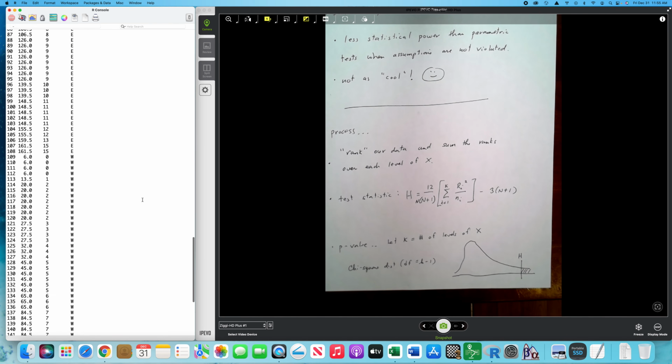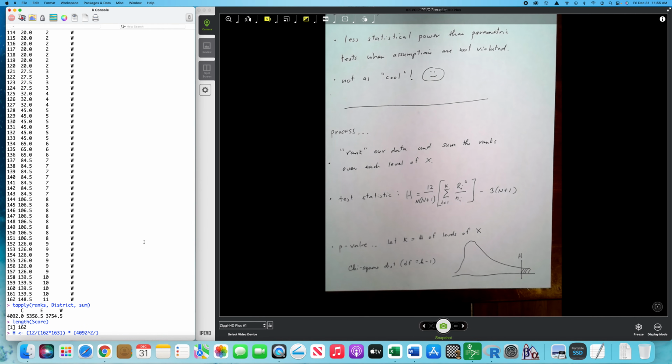It's a little clumsy here. 54. And I need that. All right. And I need to sum up. So 5356.5 quantity squared divided by 54. I should have just factored that out.